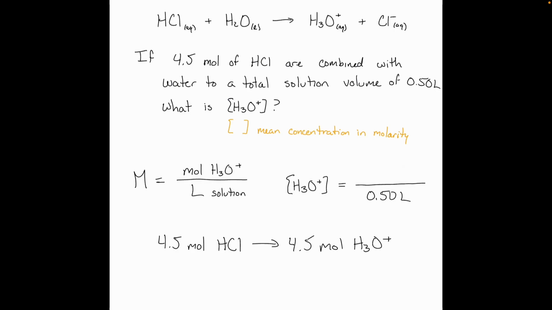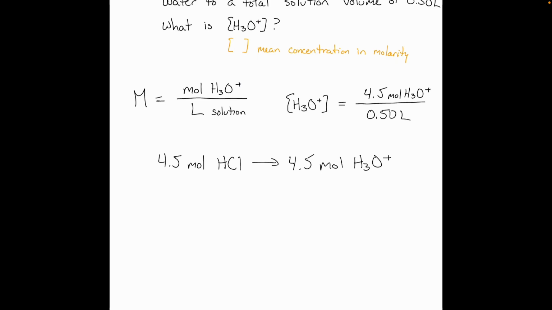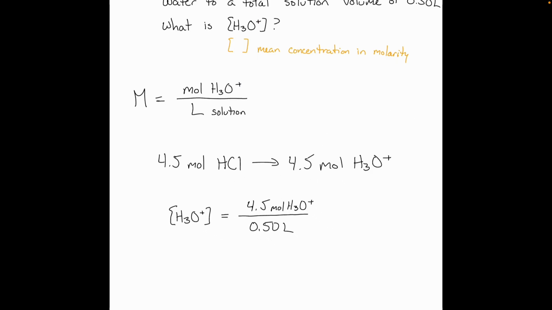So again, the problem is deceptively easy as long as you make sure to identify that you're talking about a strong acid. Then for my concentration, that would be the 4.5 moles of H3O plus over 0.5 liters.